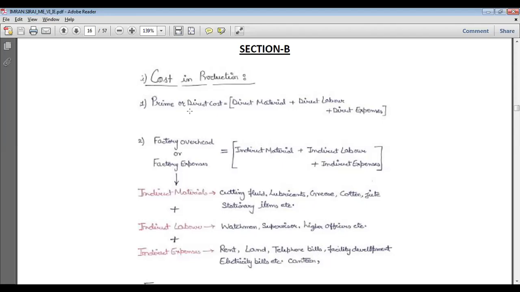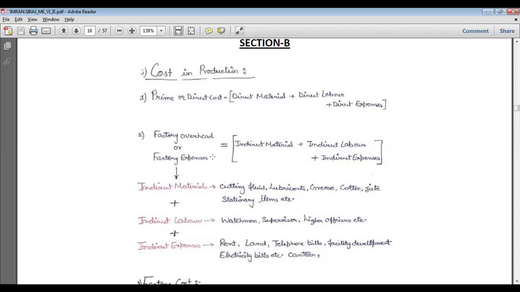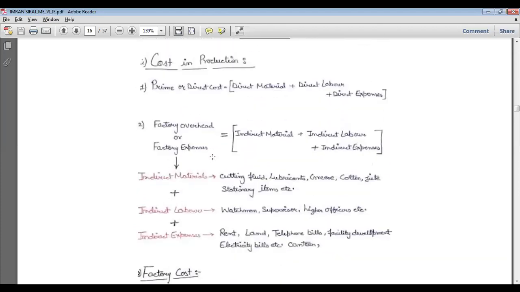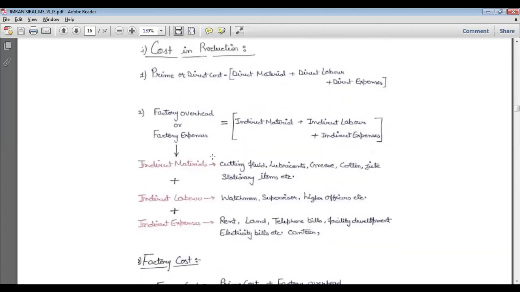So first we have prime or direct cost. It includes direct material, direct labor, direct expenses. Then we have factory overhead or factory expenses. It includes indirect material, indirect labor plus indirect expenses. Then third is factory cost. Factory cost is prime cost plus factory overhead. Factory overhead are the allied functions associated with manufacturing, and if these two are summed up, the factory cost comes up.